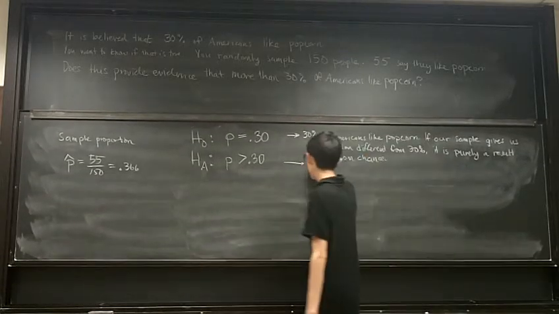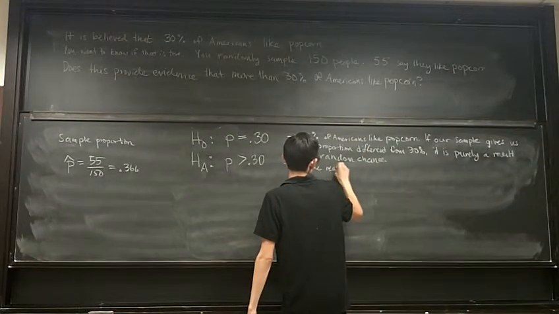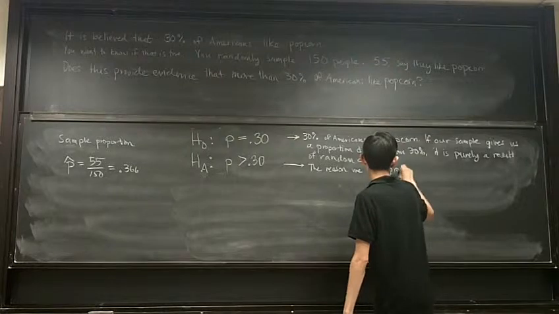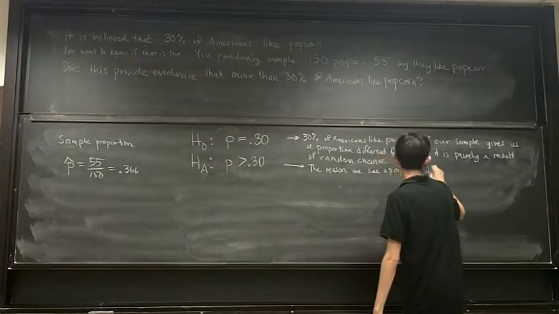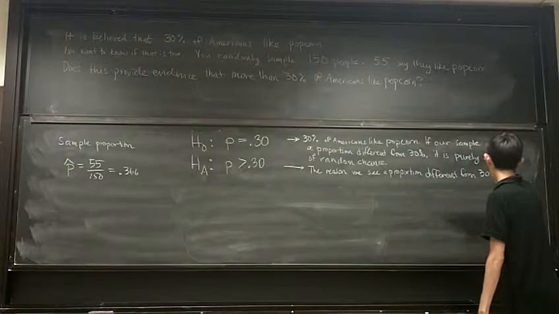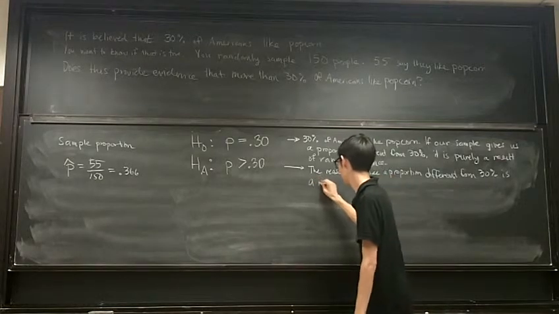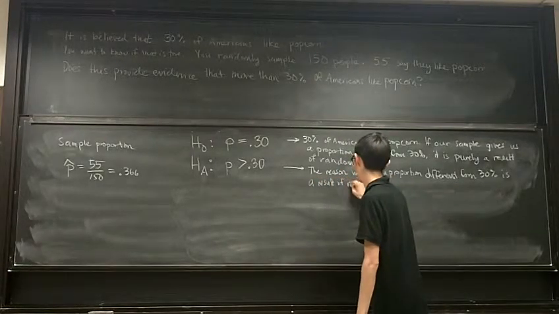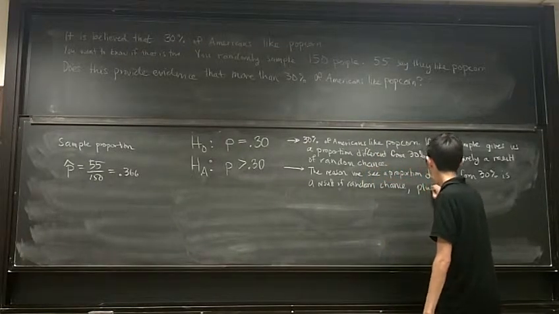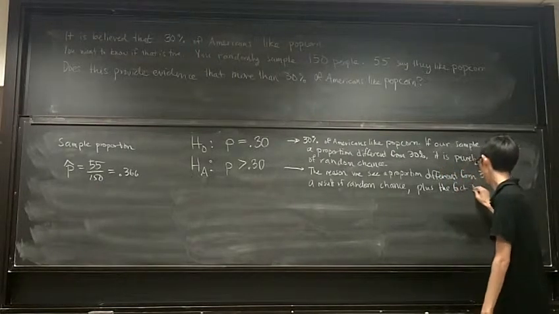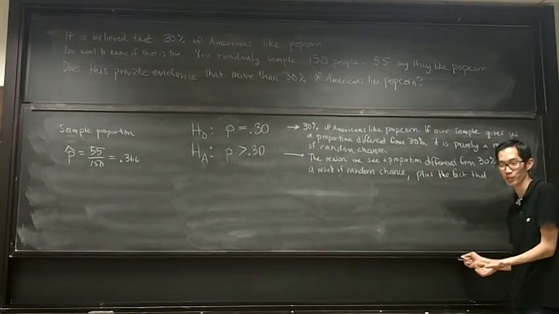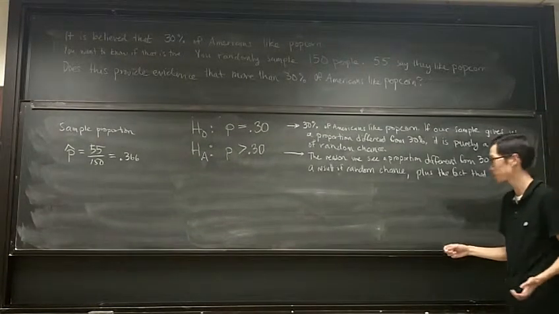And the alternative says that the reason we see a proportion different from 30% is a result of random chance plus the fact that the real proportion of Americans who like popcorn is bigger than 30%.